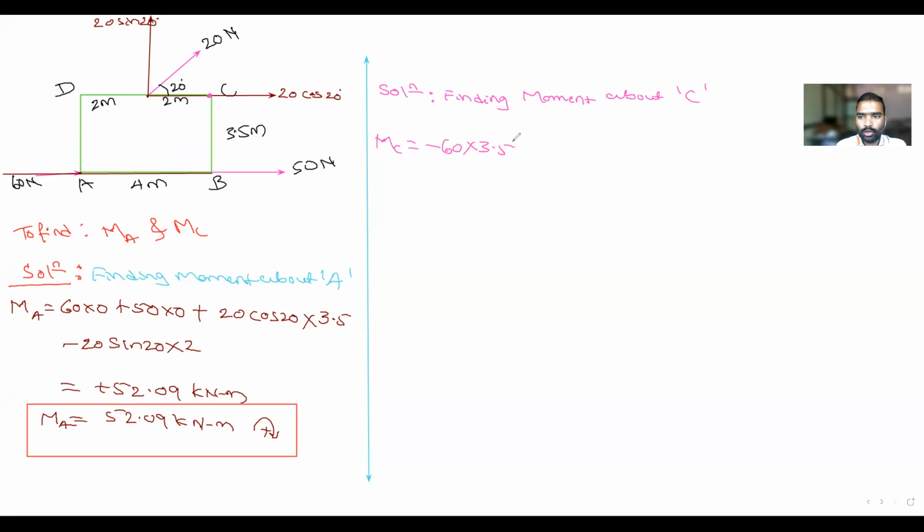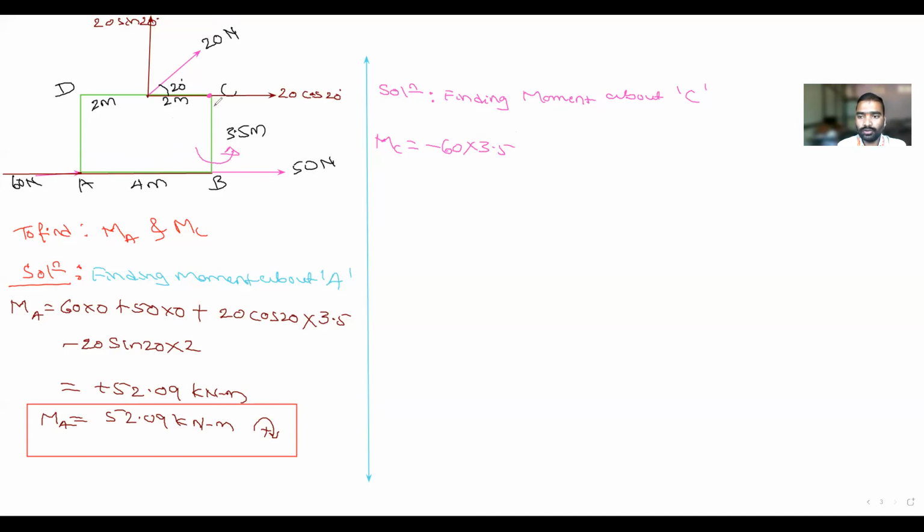Next, roll number 11 to 20. Next I will come to point B. How much is the force acting? 50. Consider there is no other force, only 50 is acting. Will this 50 rotate clockwise or anti-clockwise about C?